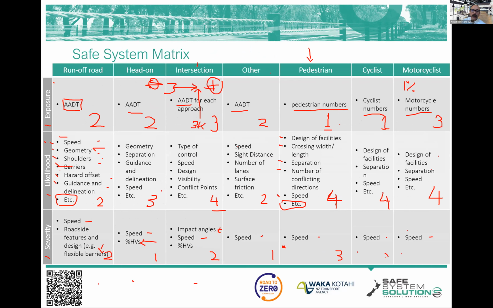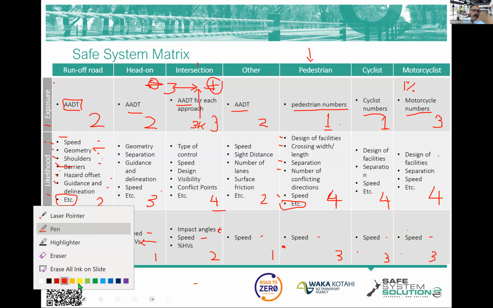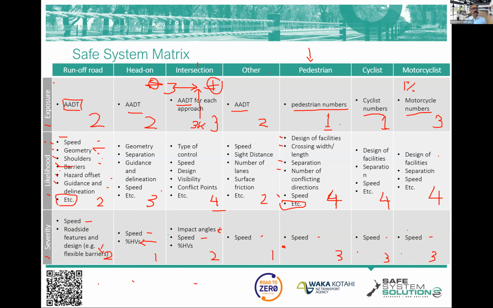And cyclists also might be a 3. And motorcyclists, maybe they're a 3 as well. And I'm doing this very quickly just to demonstrate and illustrate what we're trying to achieve here. But you would spend a bit more time having a think about it, and then you would plonk your score in with some justification again.